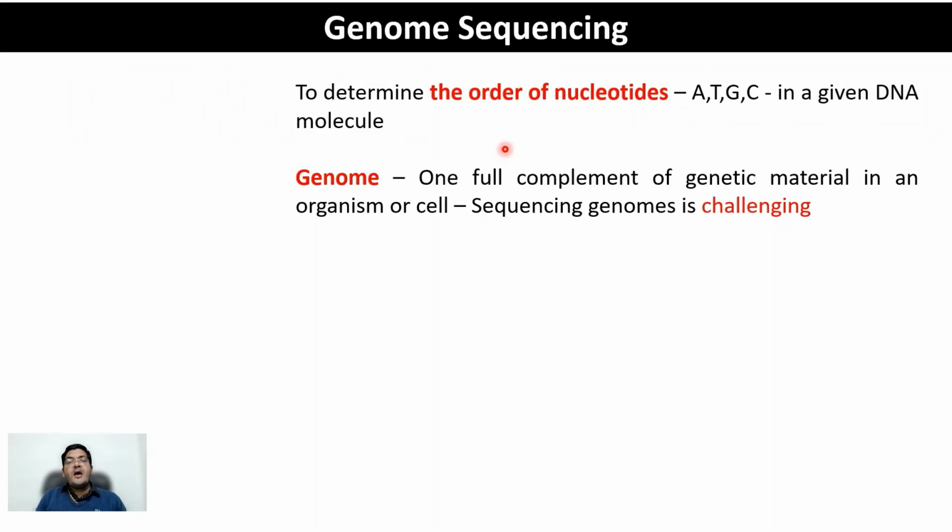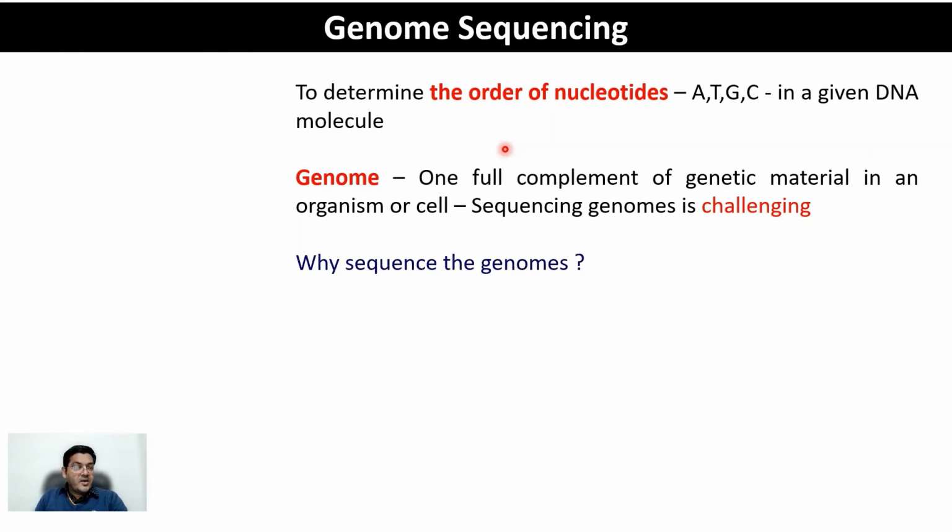As I told you in the previous slide, because of the limitations of technology, genome sequencing was back then a very challenging task. If you go into the history of the human genome, it took us around 10 years and $3.2 billion to sequence the first human genome. And I've already shown you a glimpse of why genome sequencing is challenging, given the Sanger sequencing technology that was available to us.